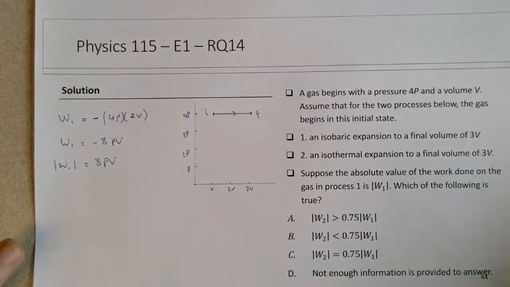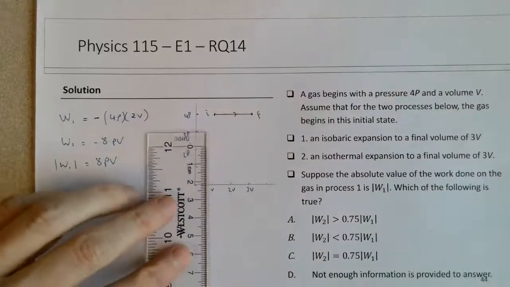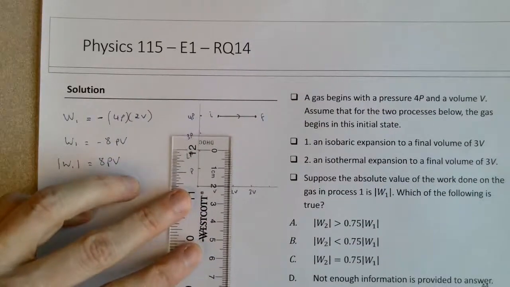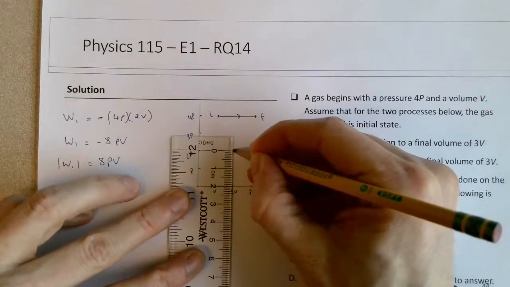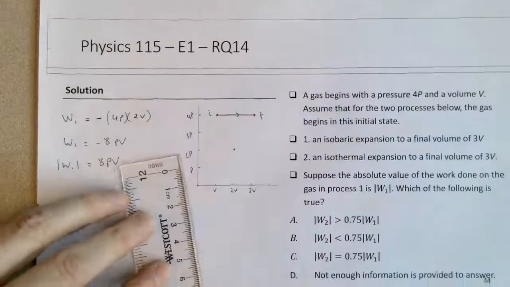If you think about process 2, it's an isothermal process. So the PV value must always be 4PV at every point on the isotherm. I'll add in a couple of data points here. At 2V, we must be at a pressure of 2P, so we have 2V times 2P.